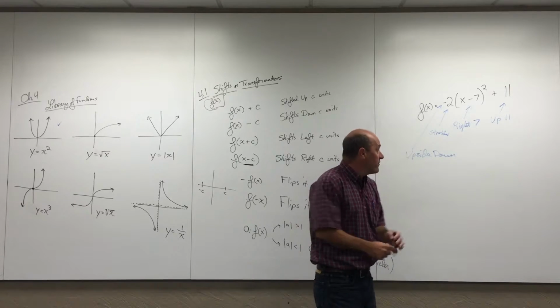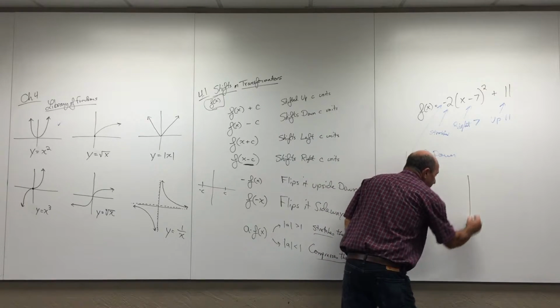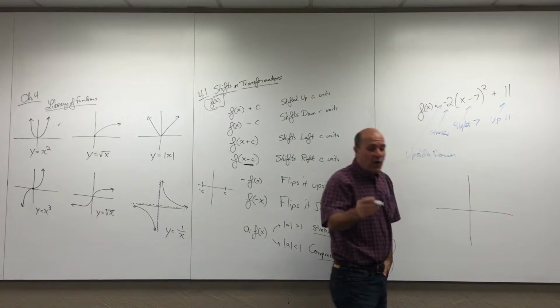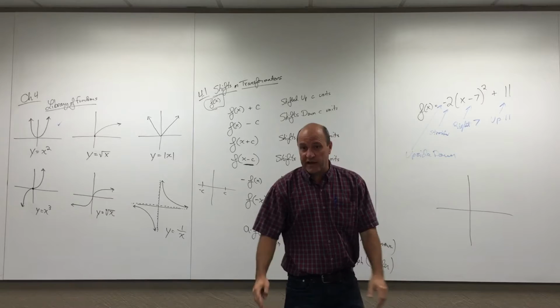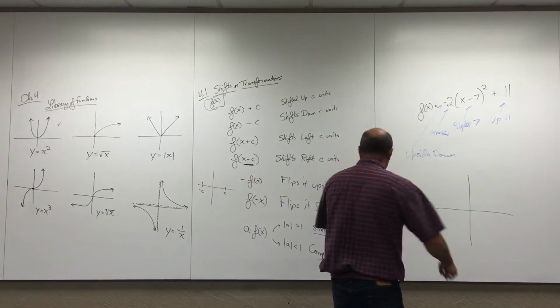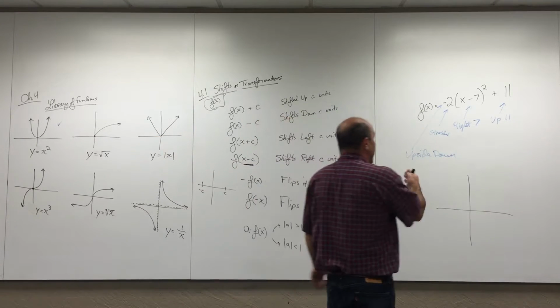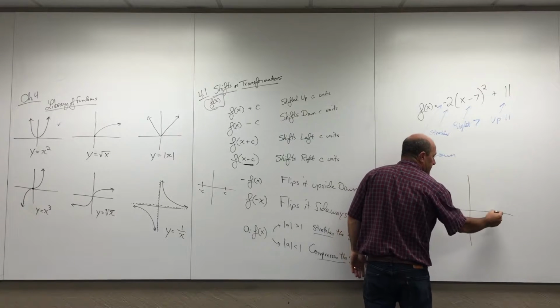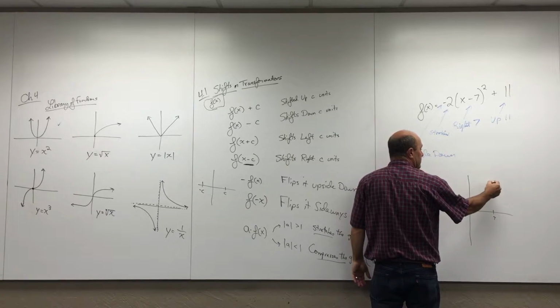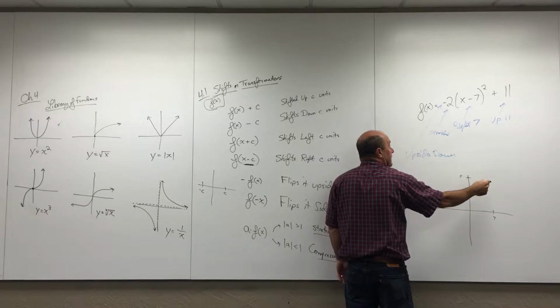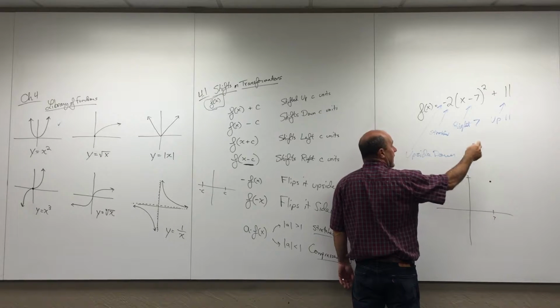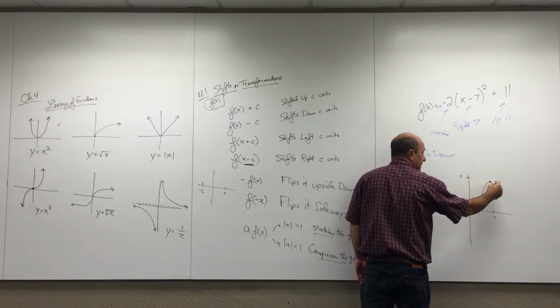But here I go. With that cool knowledge, I can graph this. My main focus on the graph is that vertex, but now I'm not even thinking about the word vertex. I'm just thinking about shifting. I'm shifting this graph to the right 7, up 11, and then I want to draw him. Wait a minute. He's a parabola, and he's been shifted over here, and he's upside down, and he's a little bit skinny.